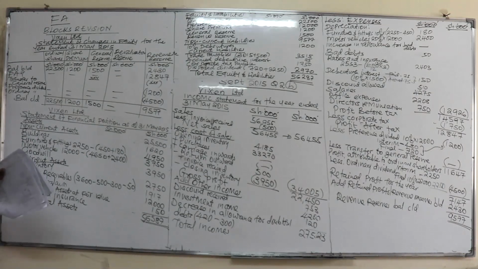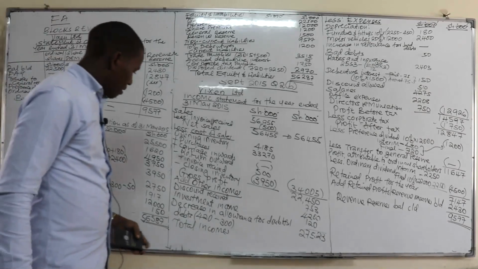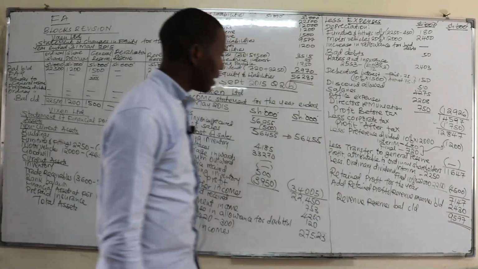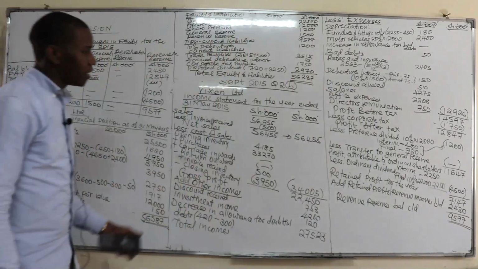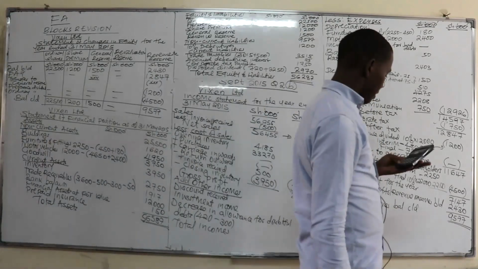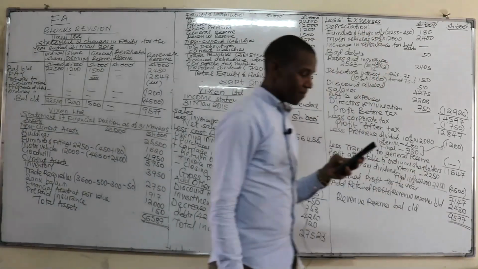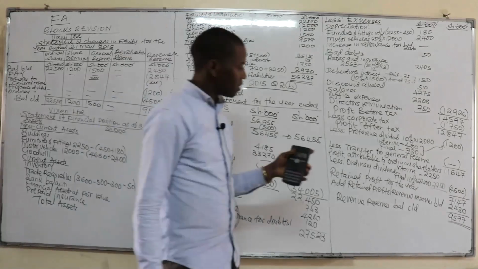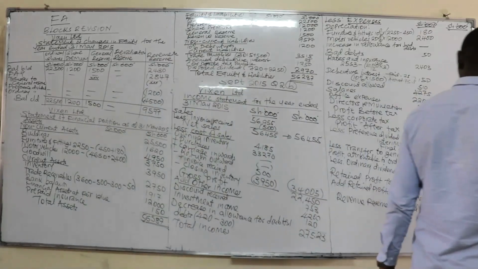We have 1,200, and 56,587. So there is a difference of 300, which I'm trying to check on what we've omitted for 80 plus 720.